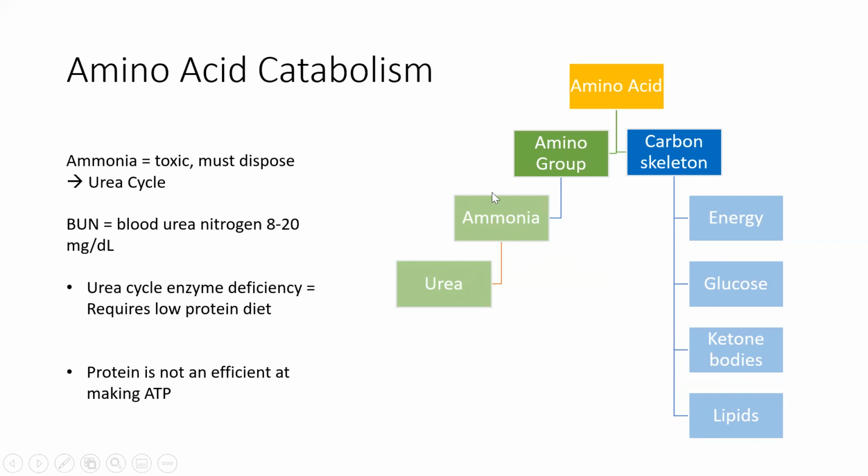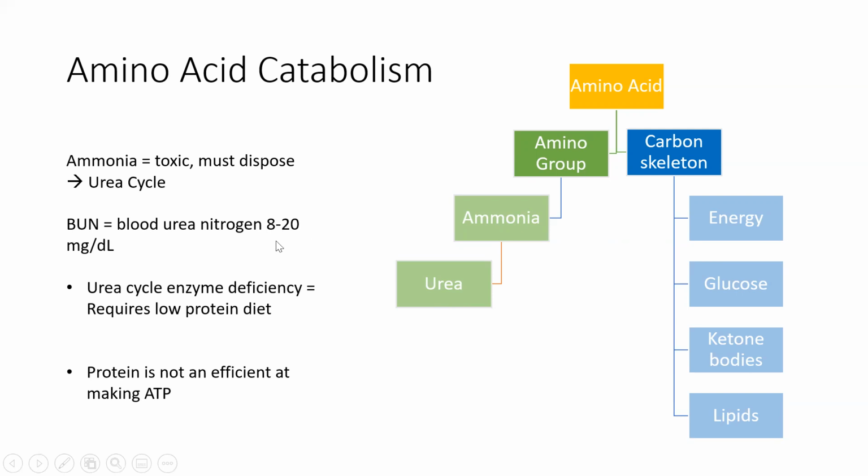Now this ammonia, if it's not cycled through the urea cycle, is toxic. So our body has to get rid of this. We can measure this with the lab value blood urea nitrogen. This is the normal range. However, it may vary from site to site, depending on their actual lab. They'll give you what the appropriate range is, but overall, this is the appropriate range here.